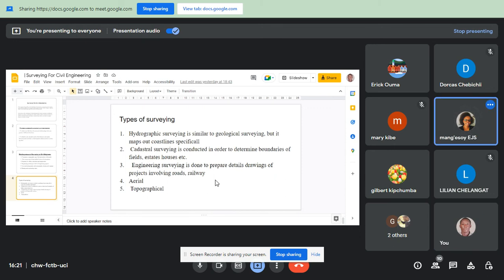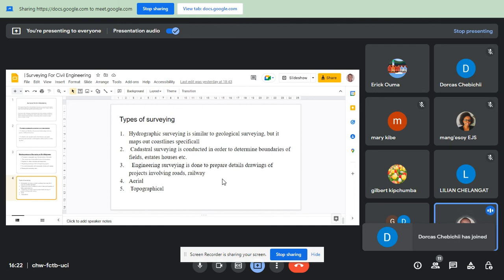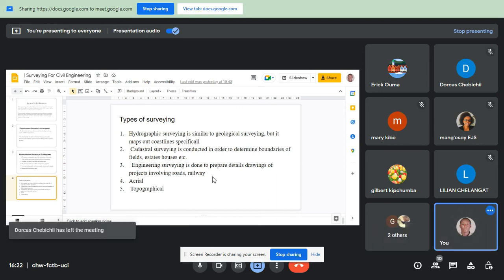The main five types of survey are topographical, aerial, engineering survey, which you people are in the field of engineers, so you'll be using number three mainly. Then there's cadastral surveying. Cadastral survey is for measurements of lands. Then the hydrographic, which Mangesoi has explained to us.